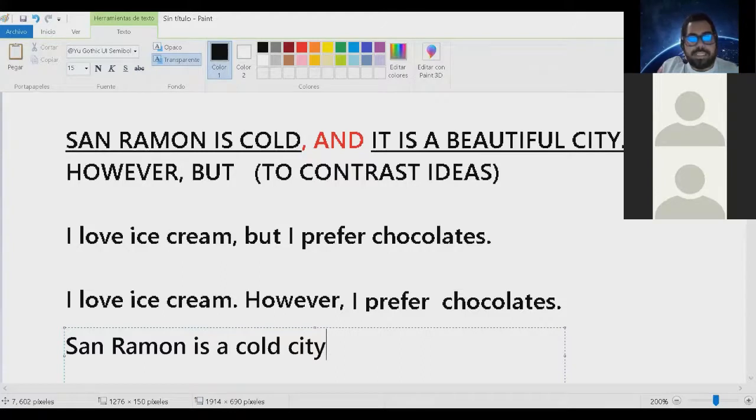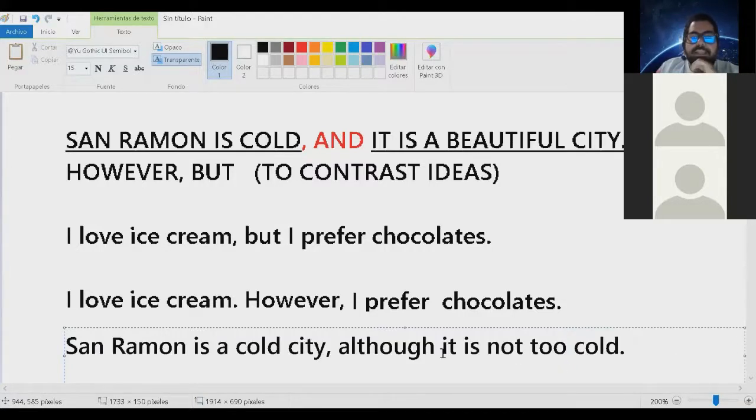We can say, for example, although it is not too cold. Look at this, guys. Although, remember, is aunque, but this has a similar Spanish structure. San Ramon is a cold city, although it is not too cold. Y estamos contrastando, guys. San Ramón es una ciudad fría, aunque no tan fría.